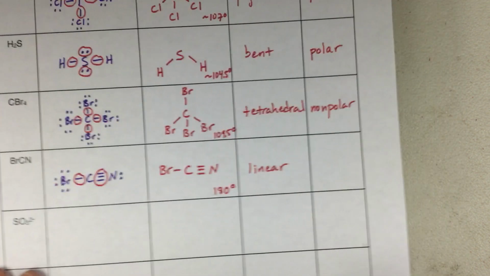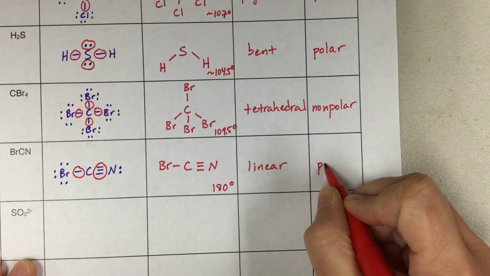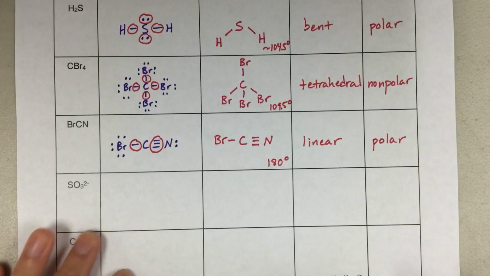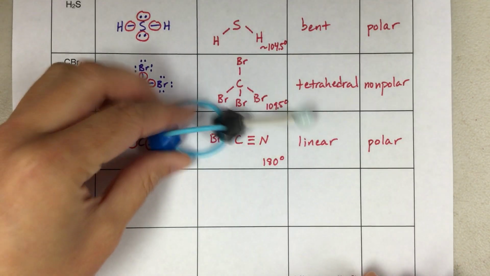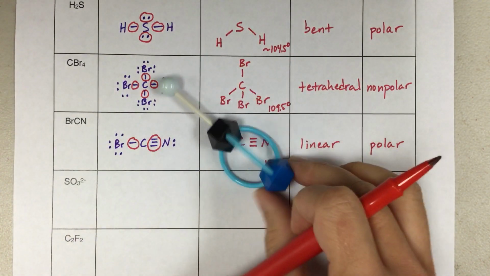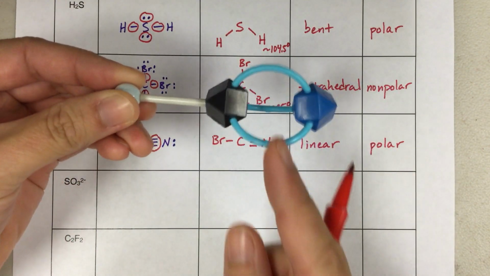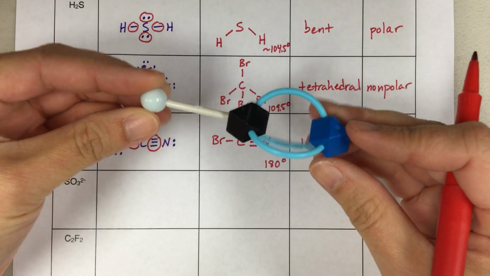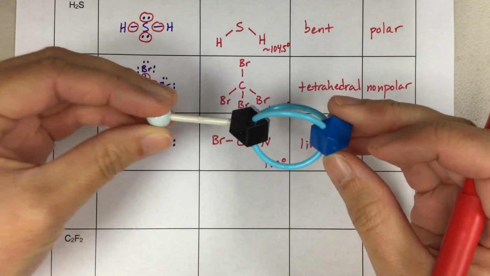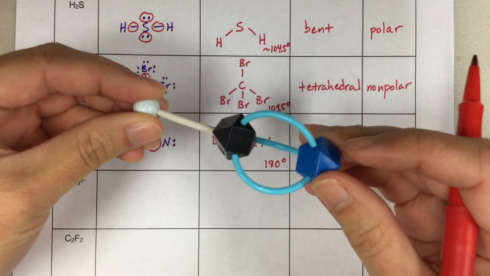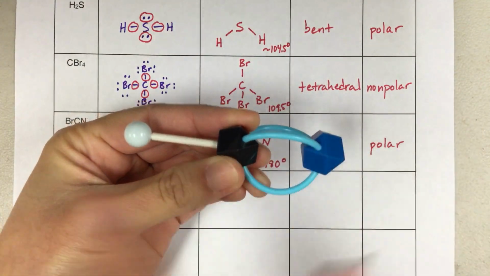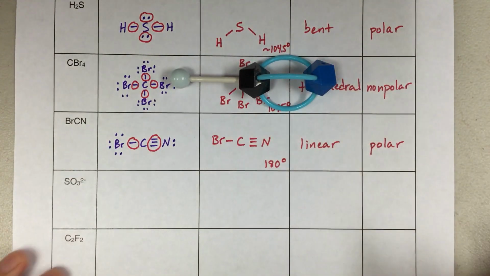There are 2 different atoms on the sides. So this is polar. And we can see that when we look at the model here. We have bromine on this side, nitrogen on this side with the triple bond. So it does turn into a line, but we can see that this is clearly not balanced and symmetrical because this side is very different from this side.